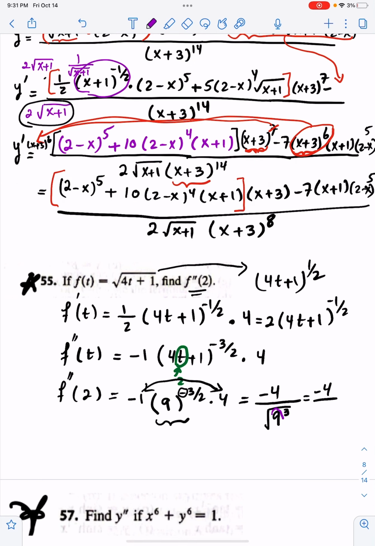Square root of 9 is 3, so that's 3 to power 3, which is 27. And that's f double prime of 2.